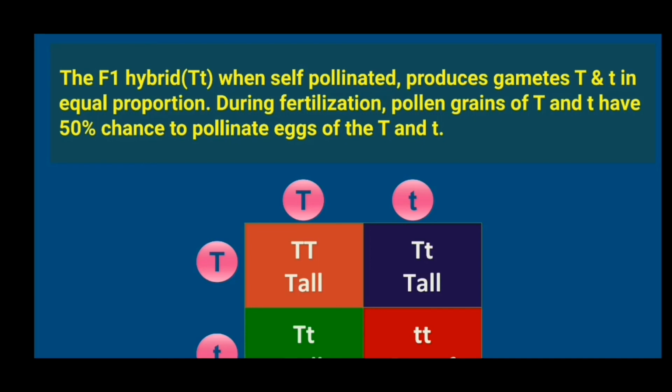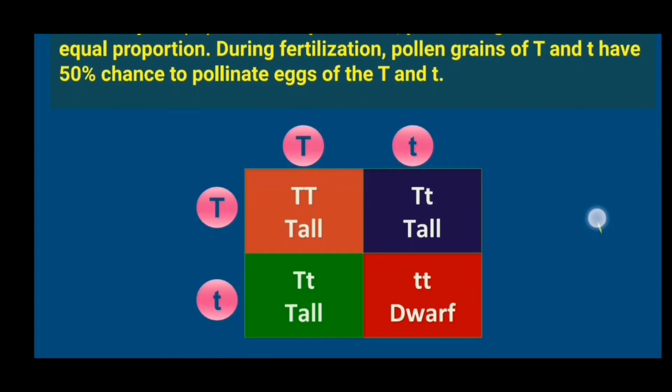And again, during fertilization, the pollen grains of capital T and small t have 50% chance to pollinate egg of capital T and small t. Therefore, we get the ratio 3 is to 1, 1 is to 2 is to 1.